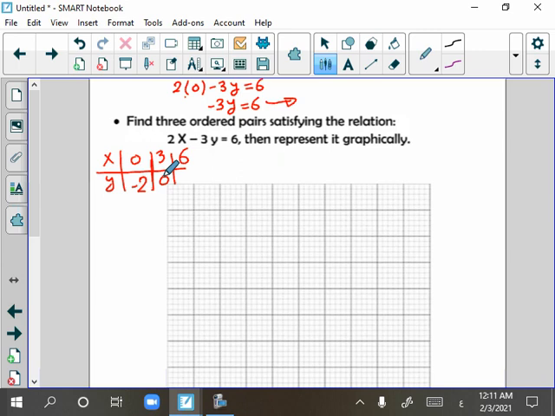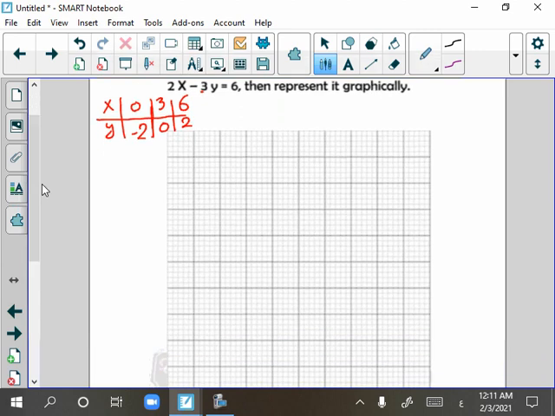When 12 goes to the other side with the opposite sign, 6 minus 12 equals negative 6. Negative 6 divided by negative 3 equals 2. Then the ordered pairs are 0 and negative 2, 3 and 0, and 6 and 2.